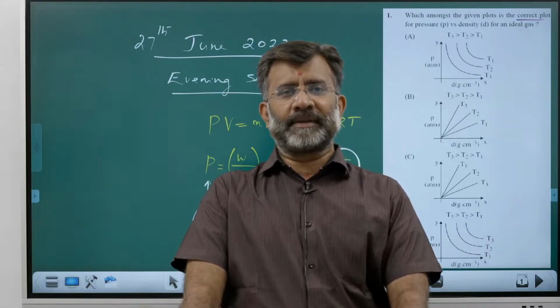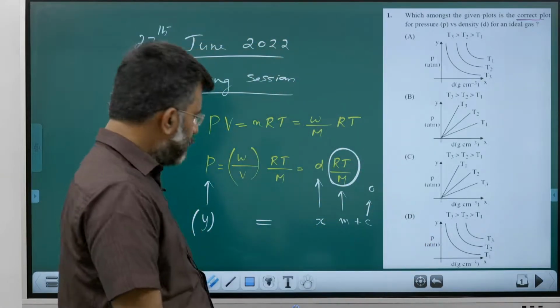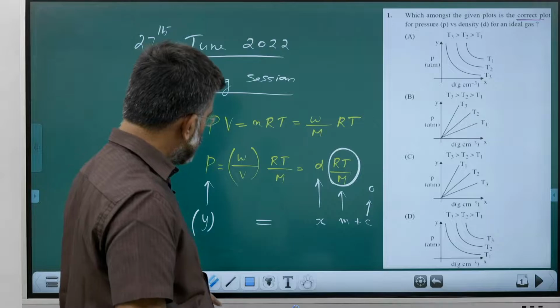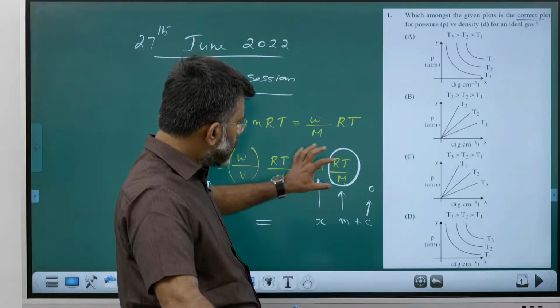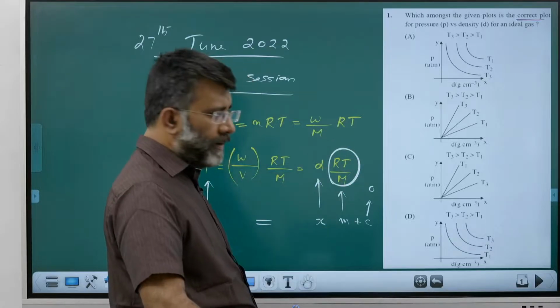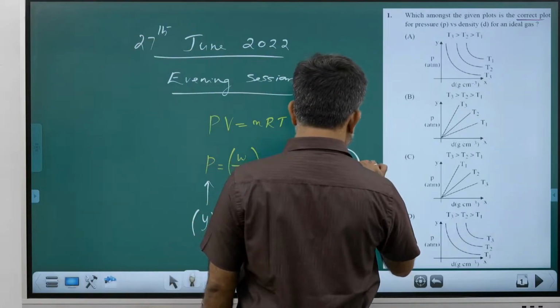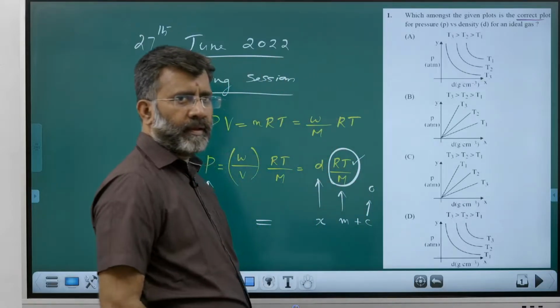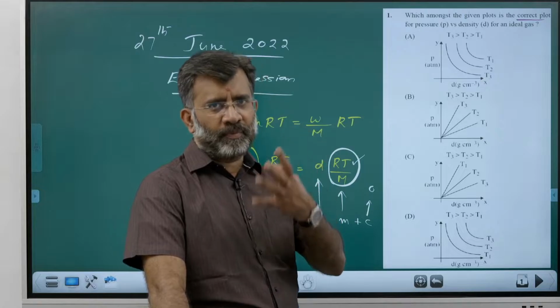So the y-intercept remains 0, and it is a straight line graph. The slope of the graph will be dRT by M, where the variable mentioned in the question is temperature. So temperature decides the slope of the graph.